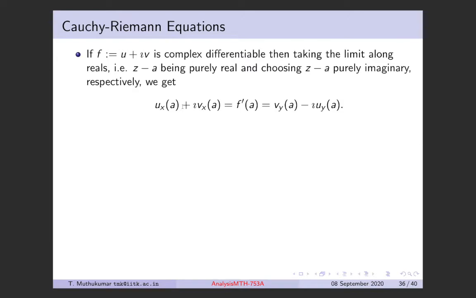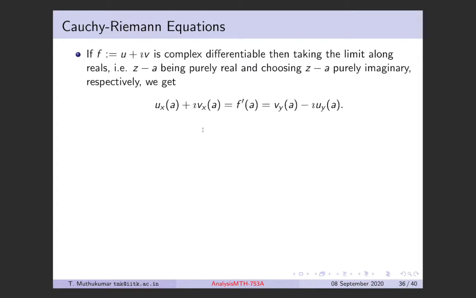Similarly, from the imaginary axis, you get the partial derivative with respect to y. So f has a real and imaginary part, and depending on the path you choose, you get these two different equations, and both should be equal to the derivative, which means both these should be equal.